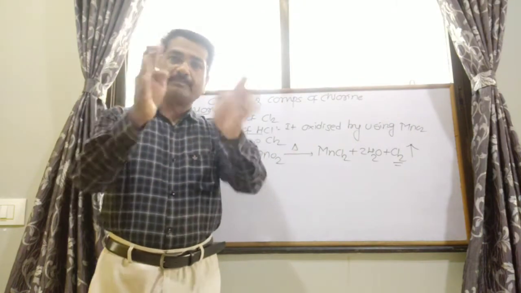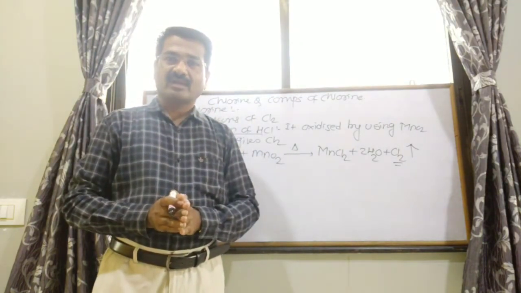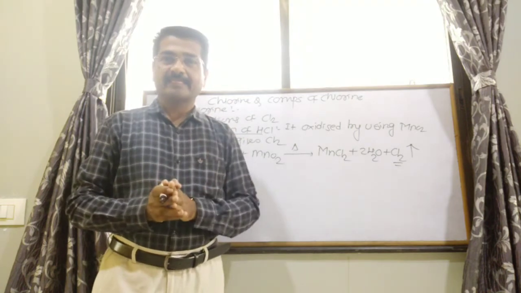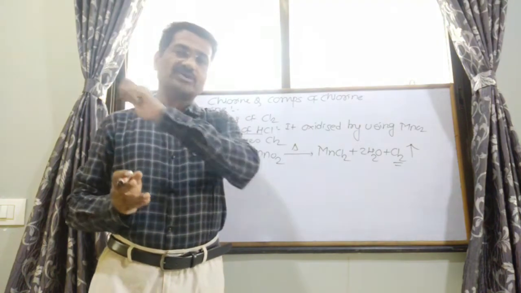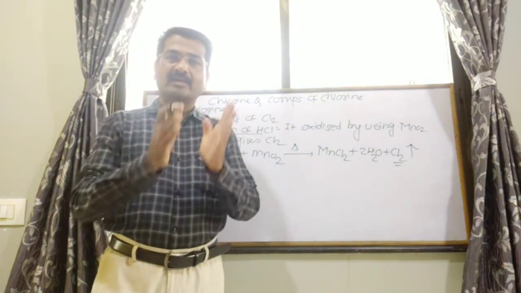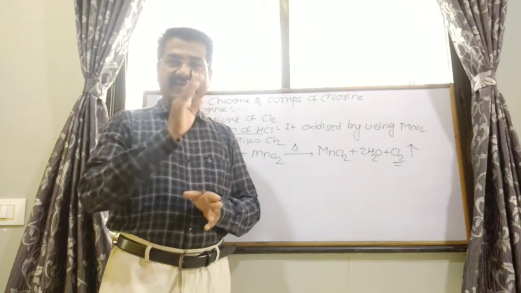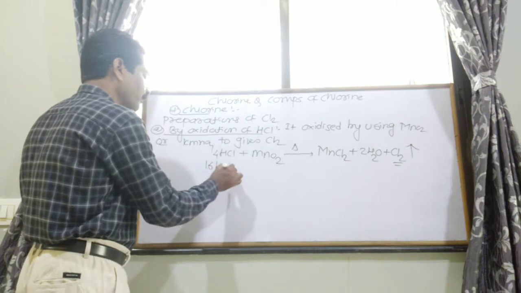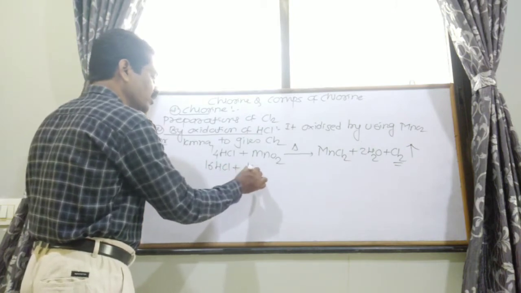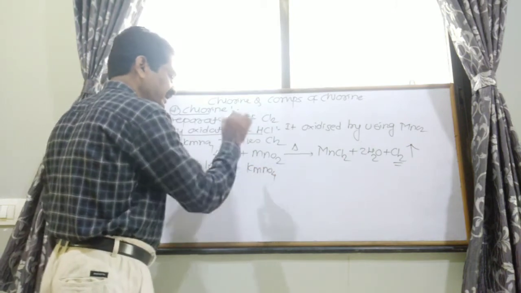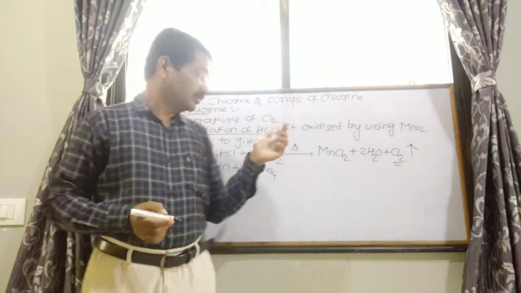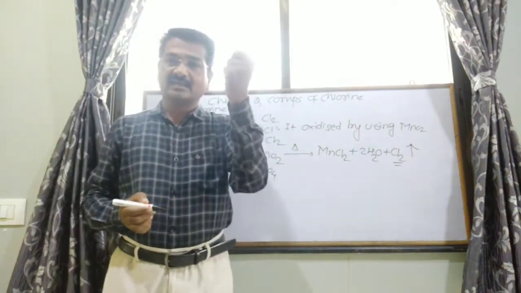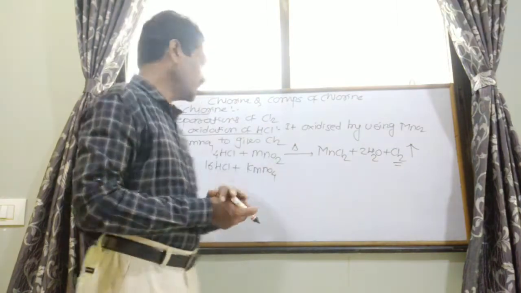We can also prepare chlorine from hydrochloric acid when the oxidizing agent is KMnO4, potassium permanganate. That is 16HCl plus 2KMnO4. The 16 molecules of HCl react with 2 moles of potassium permanganate.